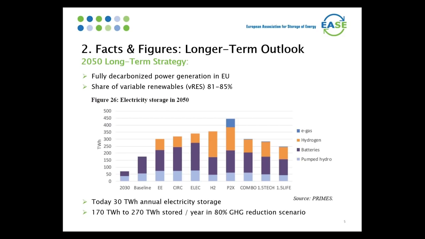In an 80% greenhouse gas reduction scenario, we will need to multiply this by a factor of close to 10 in the future. You can also see that in these scenarios, pumped hydro remains a basis of storage technologies, but batteries will play a significant role.